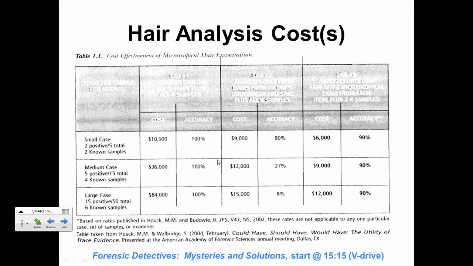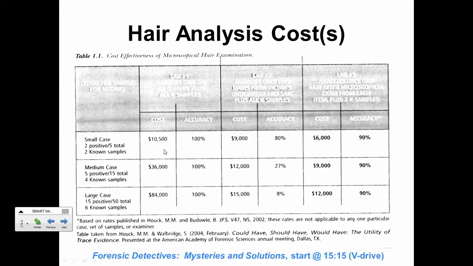And then I like this one too. The hair analysis costs a lot. So we're talking a small case here. Just to run simple testing to get as close to 100% accuracy as possible, to run 2 samples against 2 known samples costs around $10,000 if you want to do the full analysis to get as close to 100% likelihood of those hairs being associated with one another.